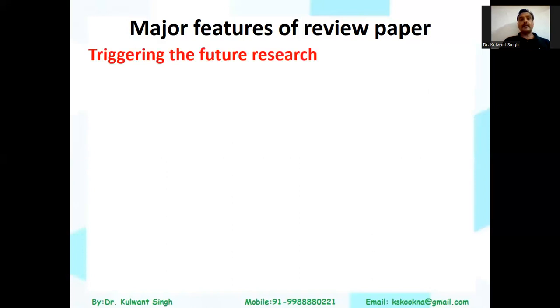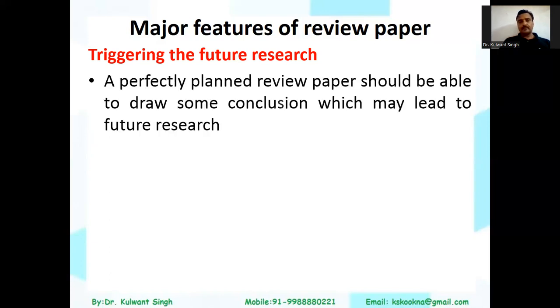Next is to trigger future research, because as we have discussed in our earlier slides, the main motive of the review paper is to find the new scope in that particular research area. So we have to review all the existing knowledge and information on the particular topic. So review papers trigger future research.